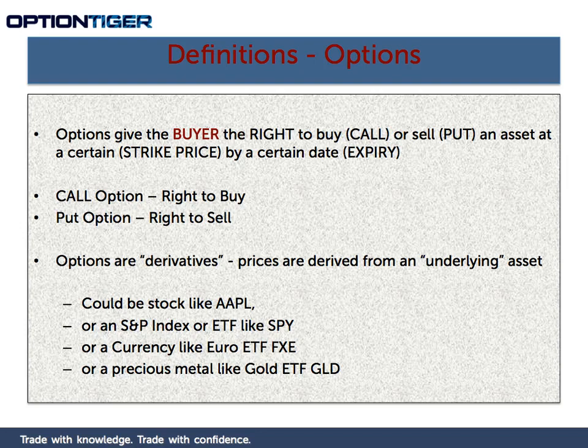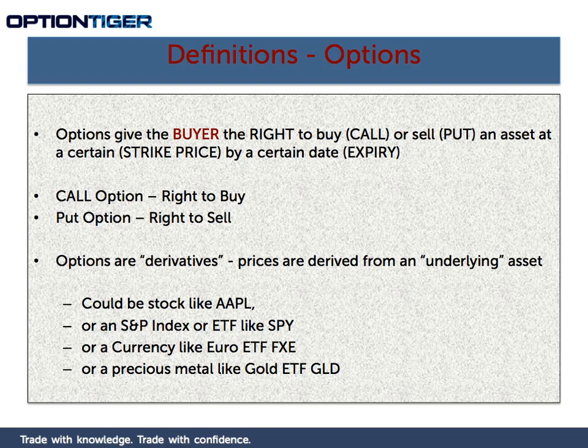So if Apple was trading at $500 a share, you could create an option to buy or sell Apple at a price of $600. So that $600 price is called the strike price. And of course, all options have to have an expiry date. So whether it was a 6-month option, whether it was a 3-month option, whatever the case might be, this particular option will have an expiry date.